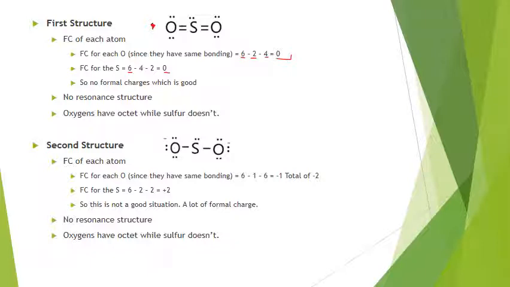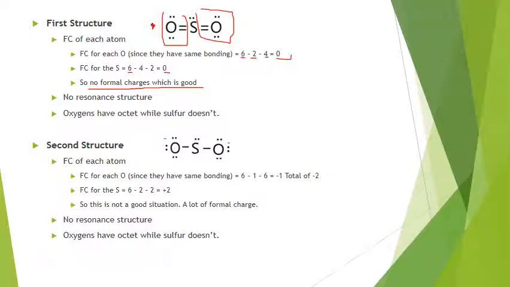And the other oxygen 0. So it has no formal charges, which is good. You don't like to have lots of formal charges, negatives and positives. Now, this does not have a resonance structure. And as far as the octet rule goes, the 2 oxygens have octets and the sulfur doesn't.